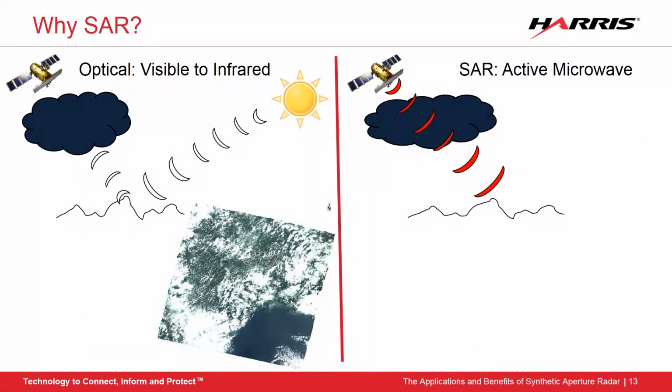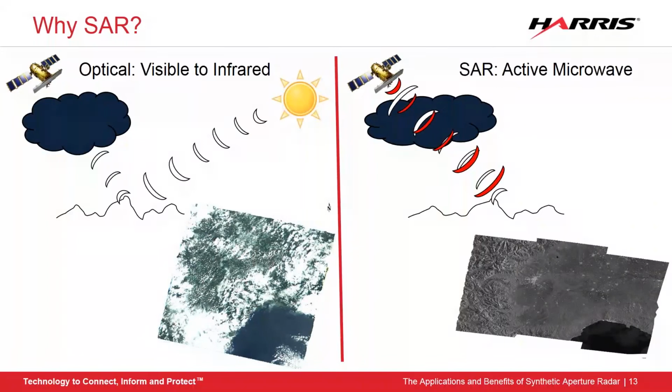And this microwave can travel through cloud cover, and then the reflected signal is transmitted back through cloud cover as well. So this means that SAR is capable of imaging a scene day or night, and it's not sensitive to cloud cover, making it an extremely useful data set, particularly in regions where you have a lot of cloud cover or in instances where you're going to have a lot of cloud cover, like flooding.